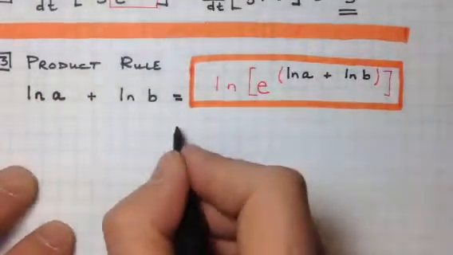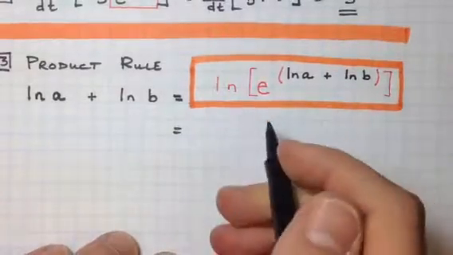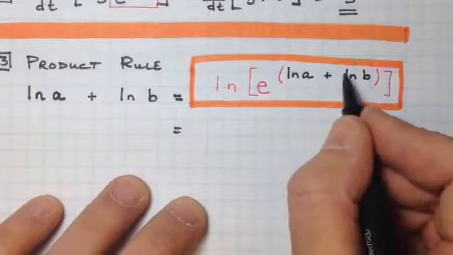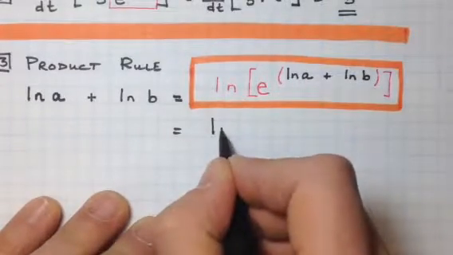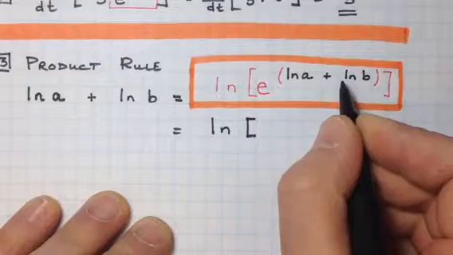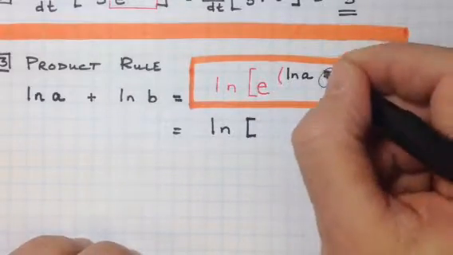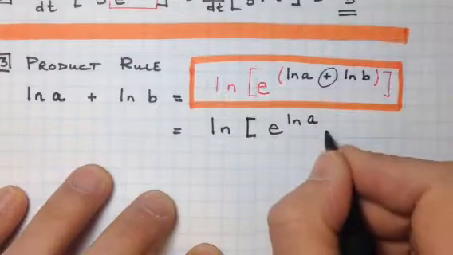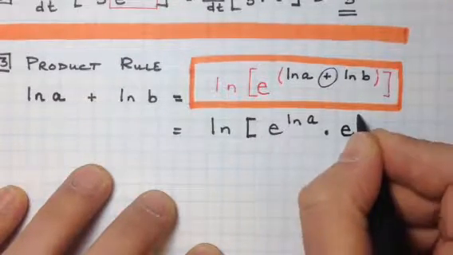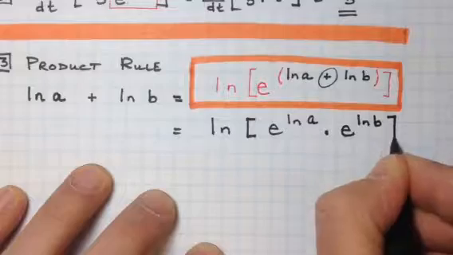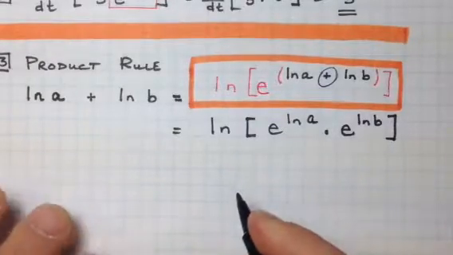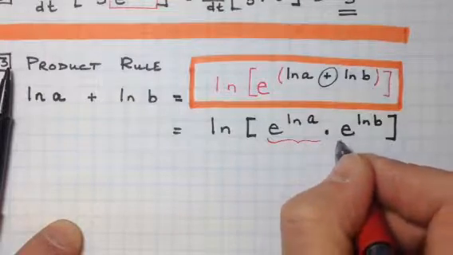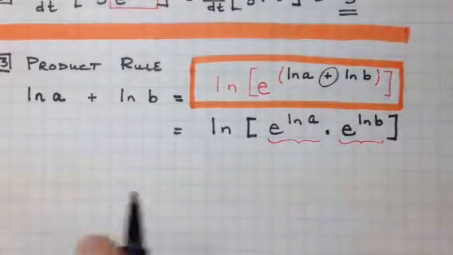All right, now check out what happens over here on the right side of the equation. Since we are adding in the exponent, we are allowed to rewrite that as e to the natural log of A times e to the natural log of B. That is an application of exponent properties. Oh, and look at this. We know what that and that are equal to.